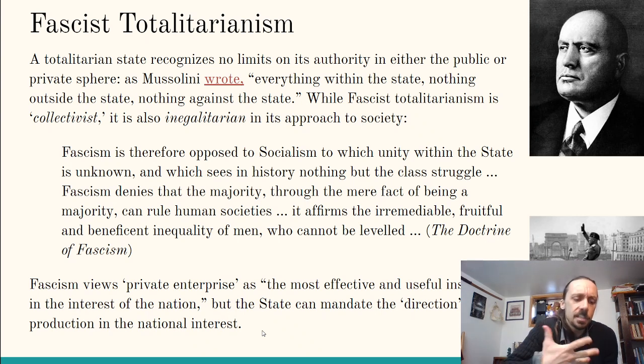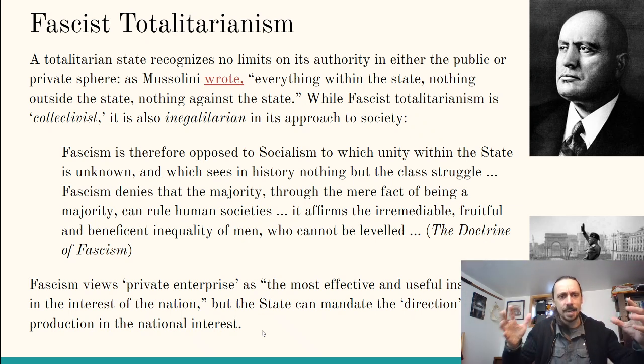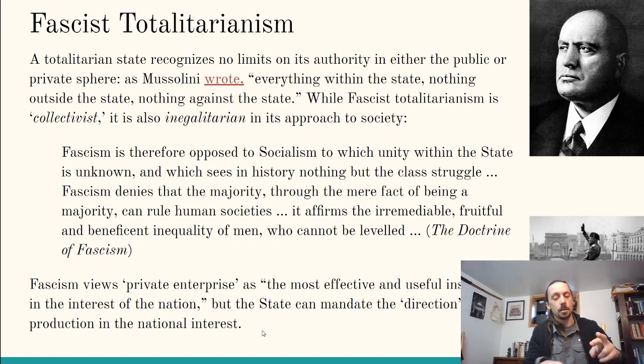It's in a sense deeply collectivist because it treats the state and everything in it as an organic whole. In fact, that's where the word fascism comes from, fascia, which is intertwined bundles, thus being stronger for being intertwined. But it's also fundamentally inegalitarian in its approach to society.